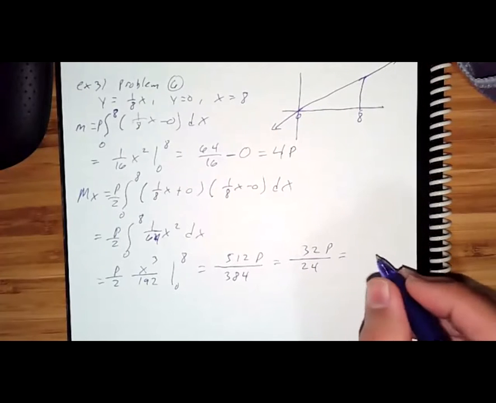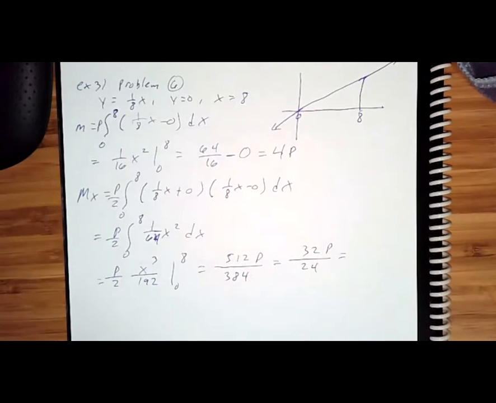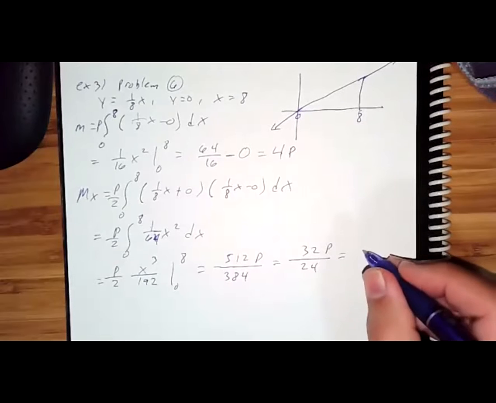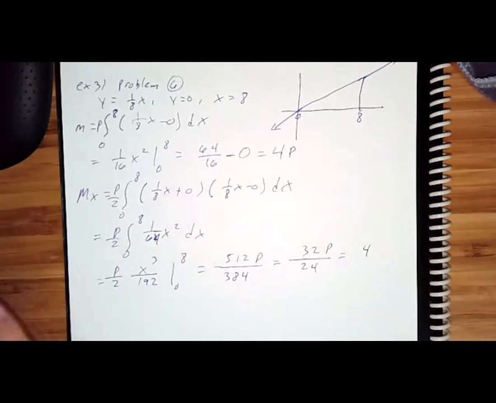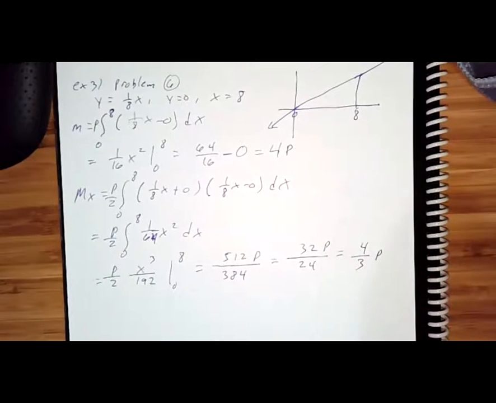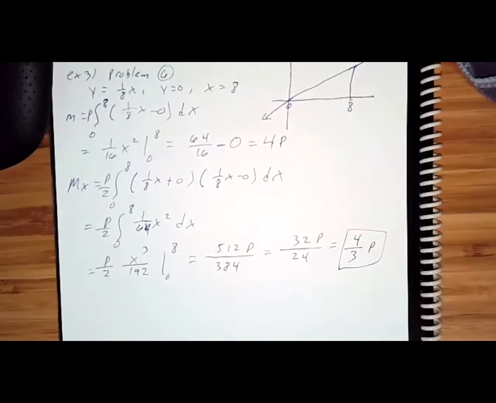So 32 divided by 24 is 1.33. 8 goes into 24, right? Yeah, 4/3 p. So this is mx. This is what they got on the homework.